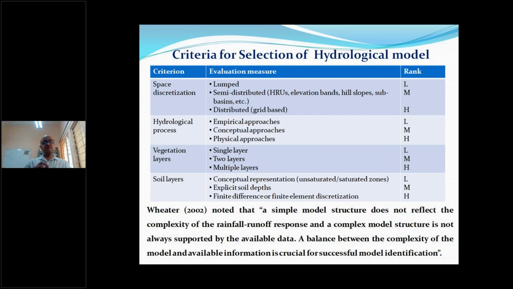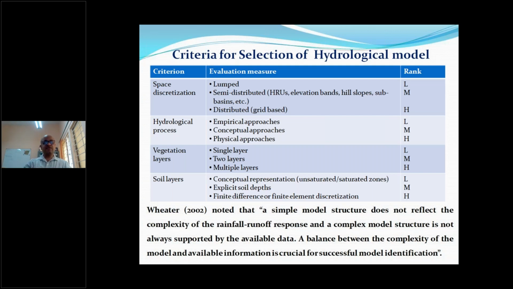But one thing we should keep in account is that a simple model structure does not reflect the complexity of, here I'm writing rainfall runoff, but hydrological response. And a complex model structure is not always supported by available data. So a balance between the complexity of the model and available information is crucial for successful model identification.